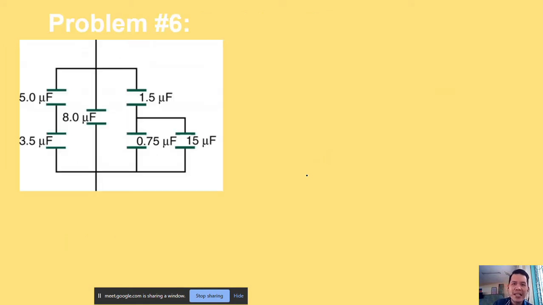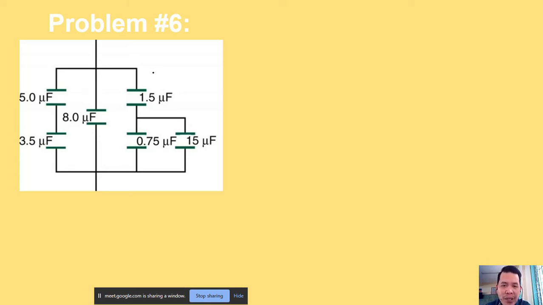Proceed po tayo sa last problem po natin this morning on the capacitors connected in series and in parallel. So there we have a more complicated na network. So for us to solve the net capacitance of all of these capacitors, we have again to start an analysis from right to left.